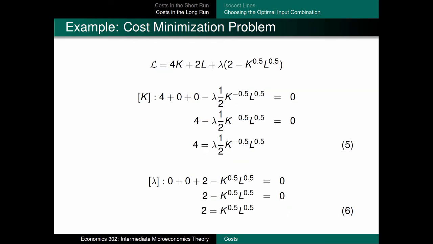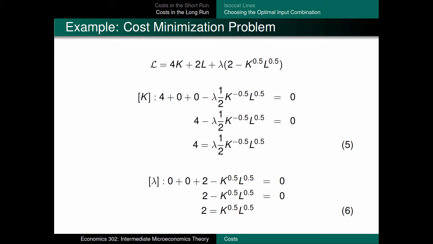Next, let's take the first order condition with respect to K. Notice that the derivative of 4 times K with respect to K is 4. The derivative of 2 times L with respect to K is 0. The derivative of 2 times lambda with respect to K is also 0.